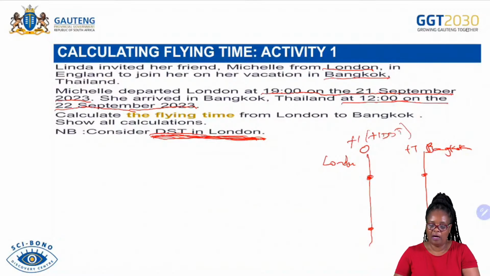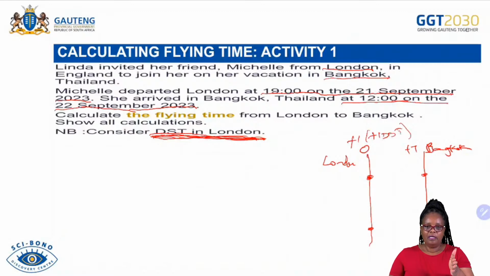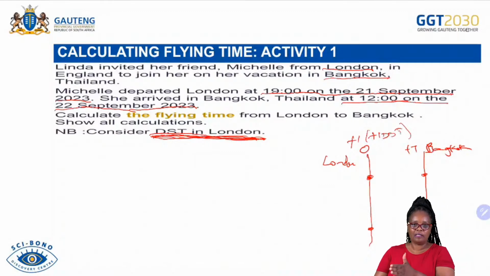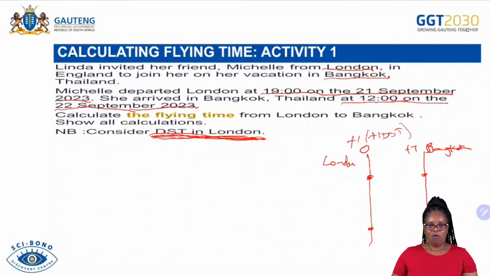And the easier way again is just go to our ribbon. We have done this last time. Your ribbon, London is at 0. DST is whereby countries move their clocks forward by 1 hour during summer.